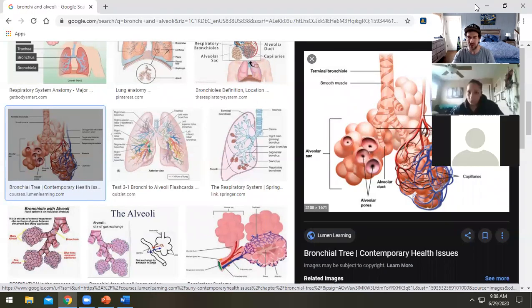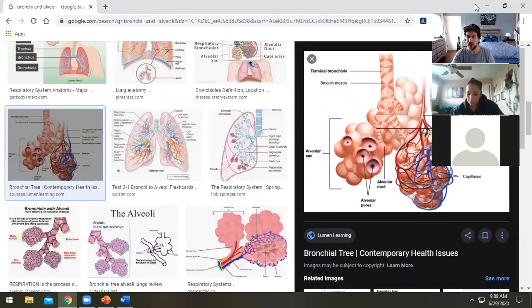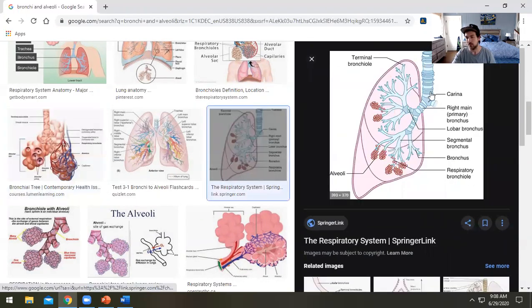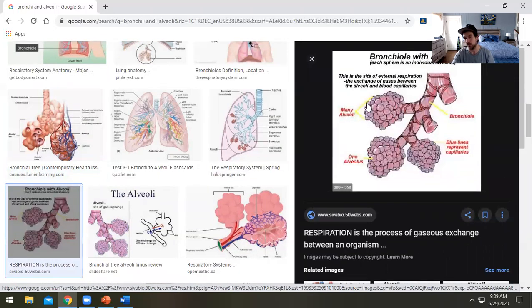But that's honestly not how most people break it down. Your NASM textbook doesn't really break it down that way. It just has, we consider this your bronchi, and then the small ones are bronchioles, and there's not really a distinction between how small it has to be before it's considered a bronchiole. Nobody cares. But eventually the bronchiole is what ends in these little popcorn-shaped sacs here.